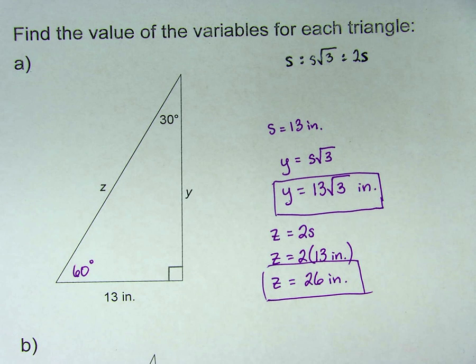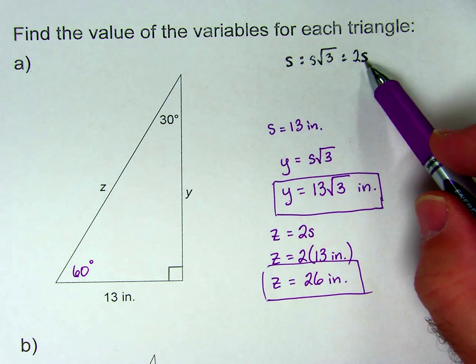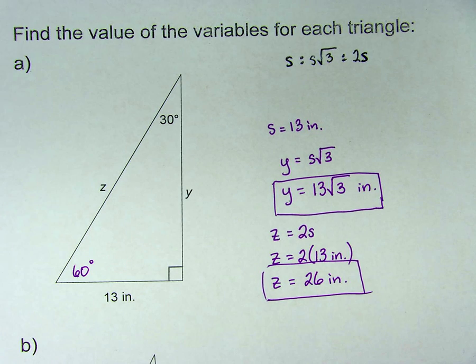Now in that example, we knew the shorter of the two legs. In the next two examples, we do not know that. Whenever the shorter leg is not known, that's the thing we need to find first, because everything is based upon that shorter leg. See how there's S in all three of those.